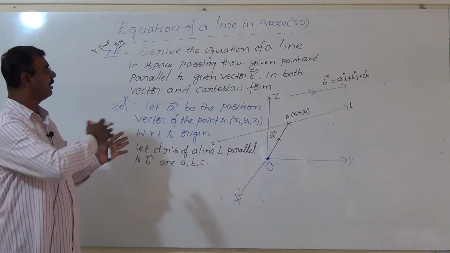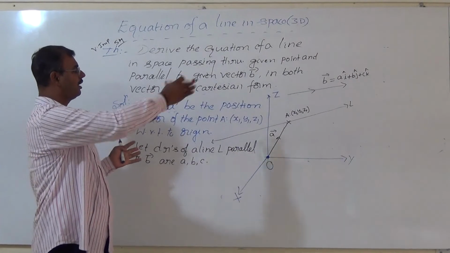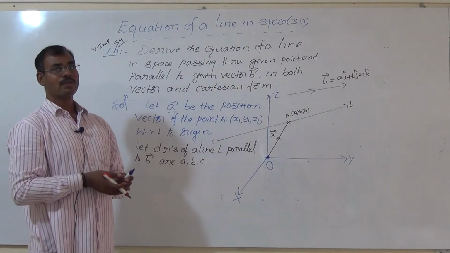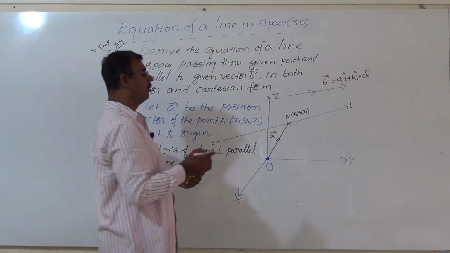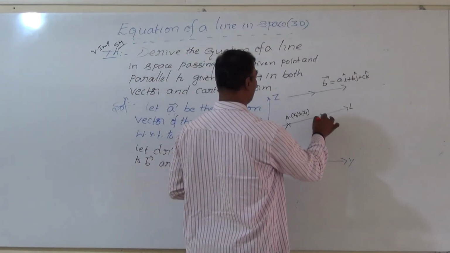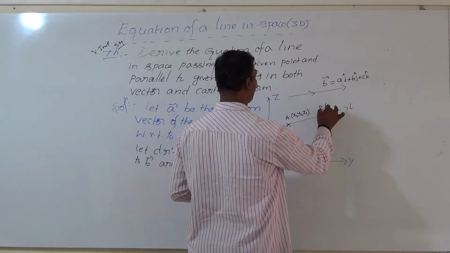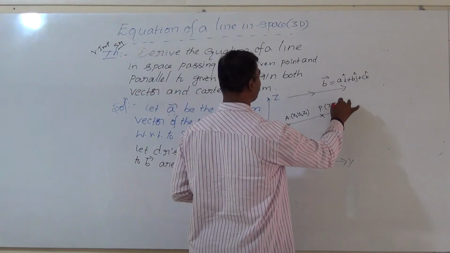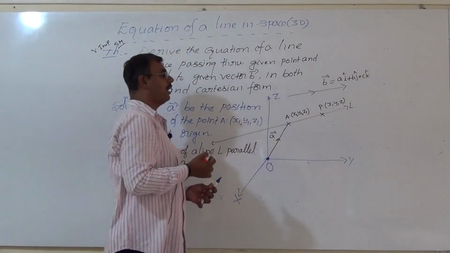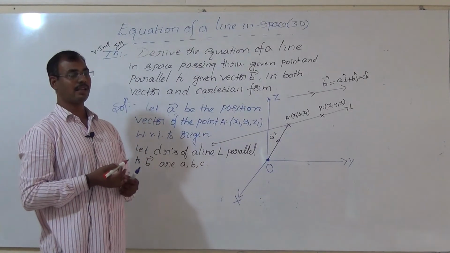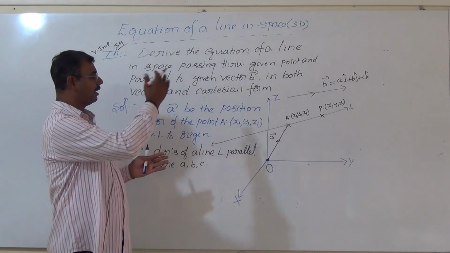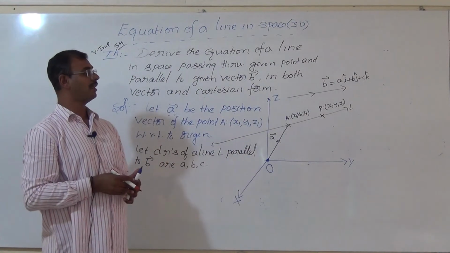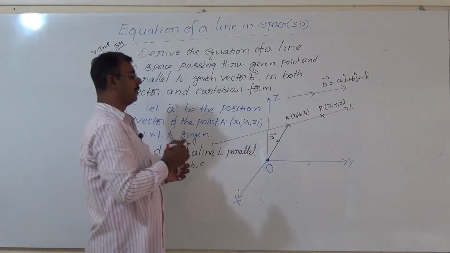Next, in the equation of this line, how many points are satisfying? So many points are satisfying. So instead of this, take one locus point. Let us take P, X, Y, Z, be any point on the line L. So it is a general point only. On a line, infinite number of points are there, so I consider one locus point.